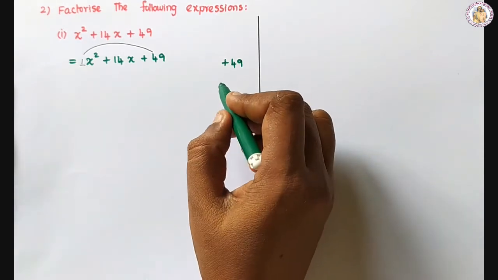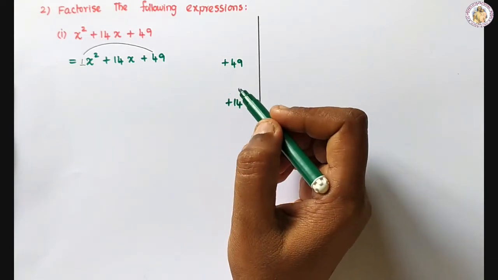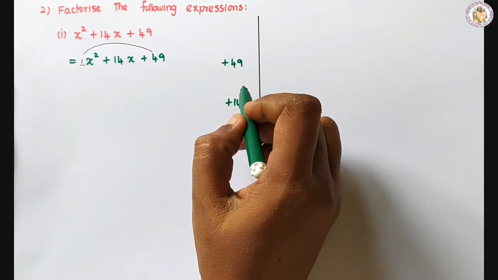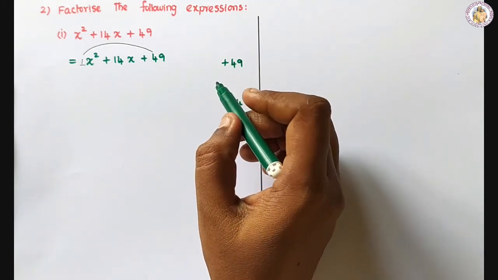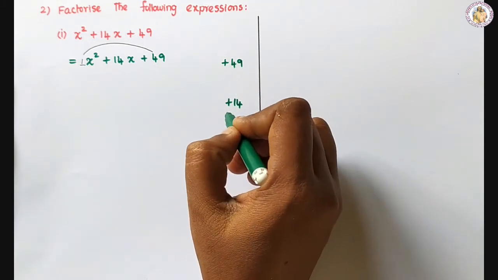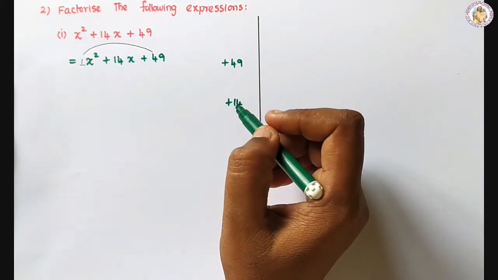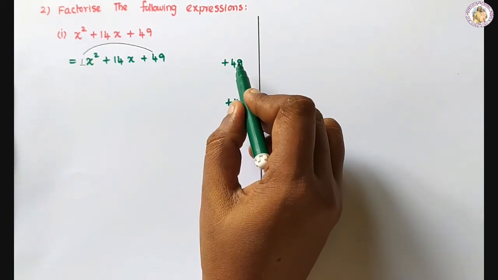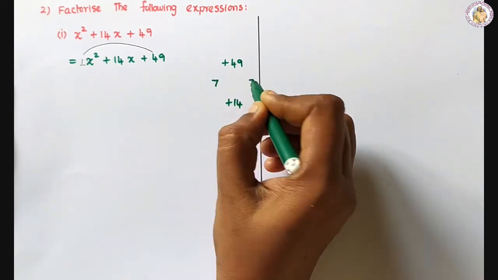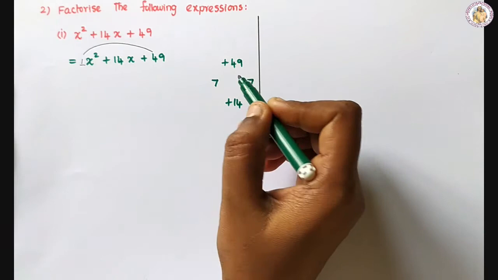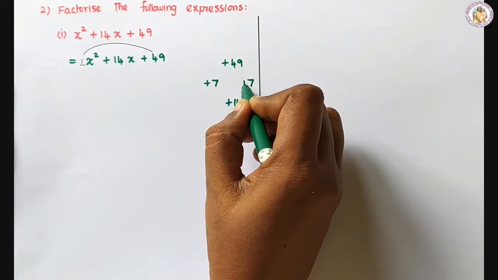Now we have to find the two numbers. If we multiply the two numbers we should get plus 49. If we add these numbers we should get plus 14. What are the two numbers? The factors of 49 are 7, 7, plus, plus.